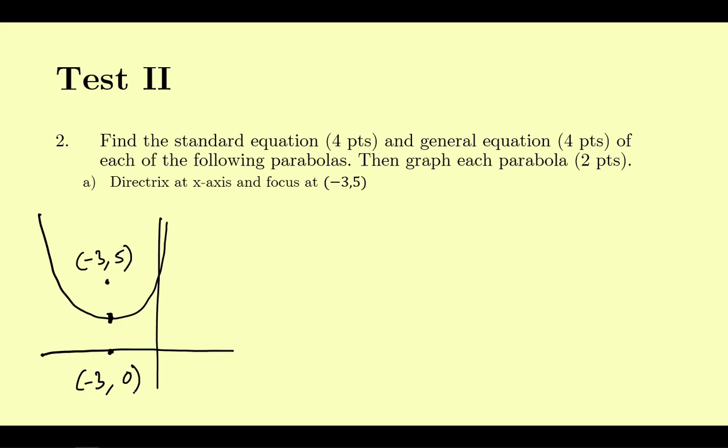So between 0 and 5, you will find the midpoint. That is negative 3 and 5 over 2, 5 halves, or 2.5. This is your vertex. Or you're done na. Basically, you just need to plug this into the formula.